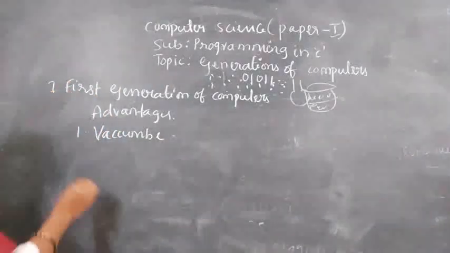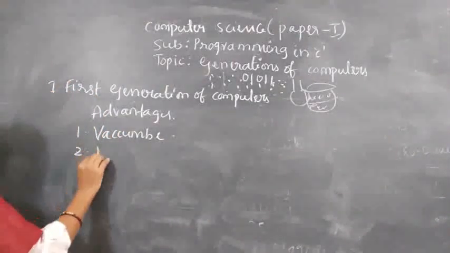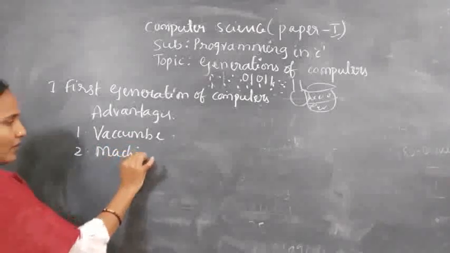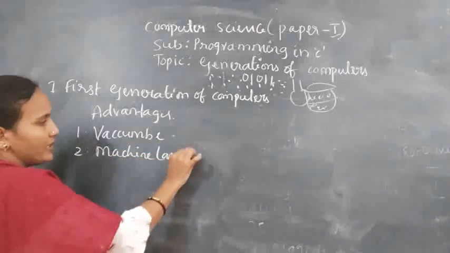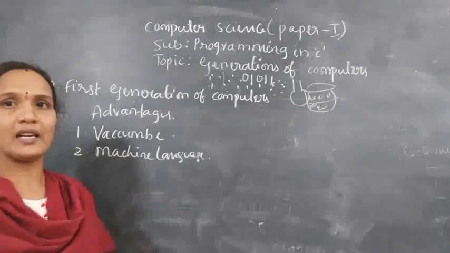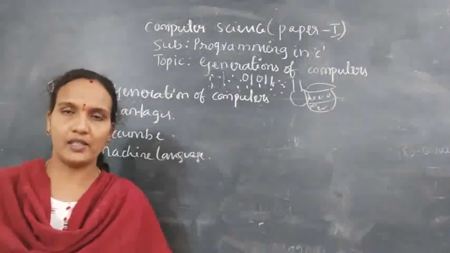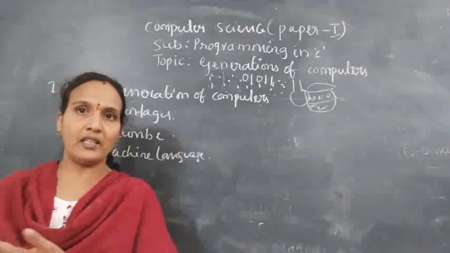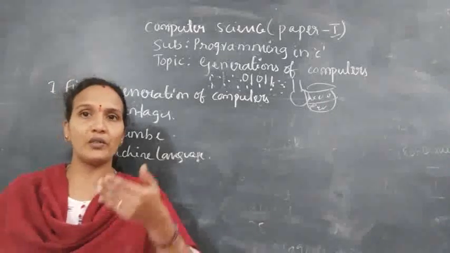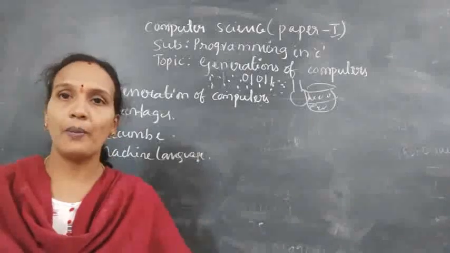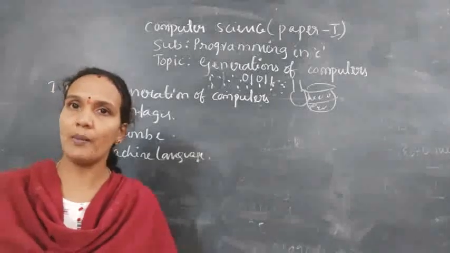The second one is that they used machine language. They used machine language because the computer will understand only machine language. No need to translate. If you are using any other language like C, C++, Java, again that should be converted to machine language. But in the first generation, they directly used machine language.